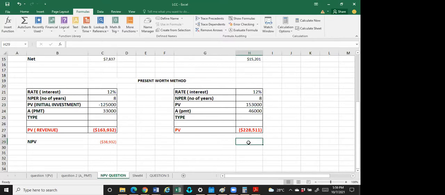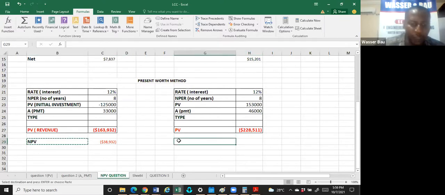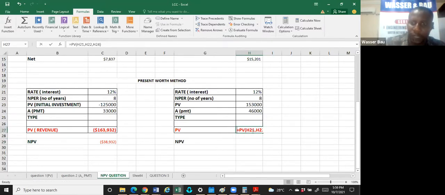So in this one now, the NPV, let me copy it, for project B. So let's go now. The NPV of this one is automatically this minus this.